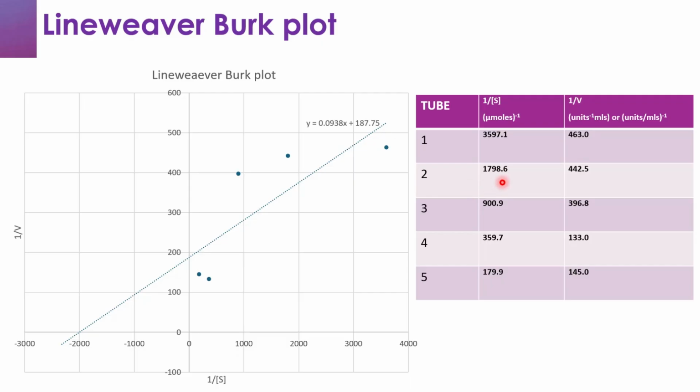For test tube 2, we have this for the 1 over the substrate concentration, and this for the 1 over the reaction velocity, and this also we had this and this. For test tube 4, these are the values that we had, and for test tube 5, these are the values that we had. So we will plot this against this, and this will be the nature of the graph that we are going to get.